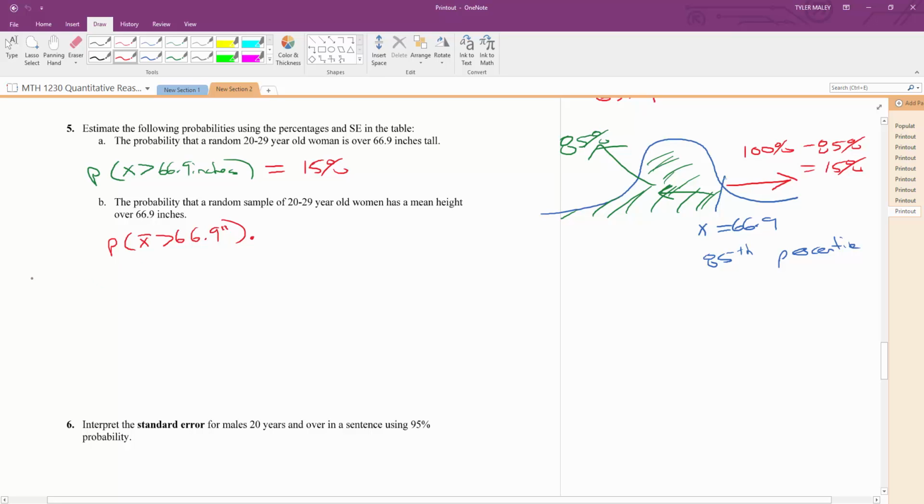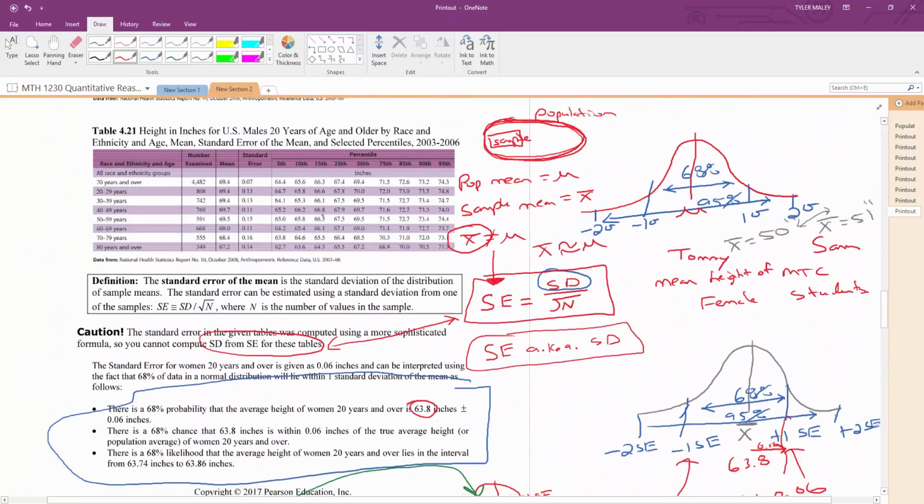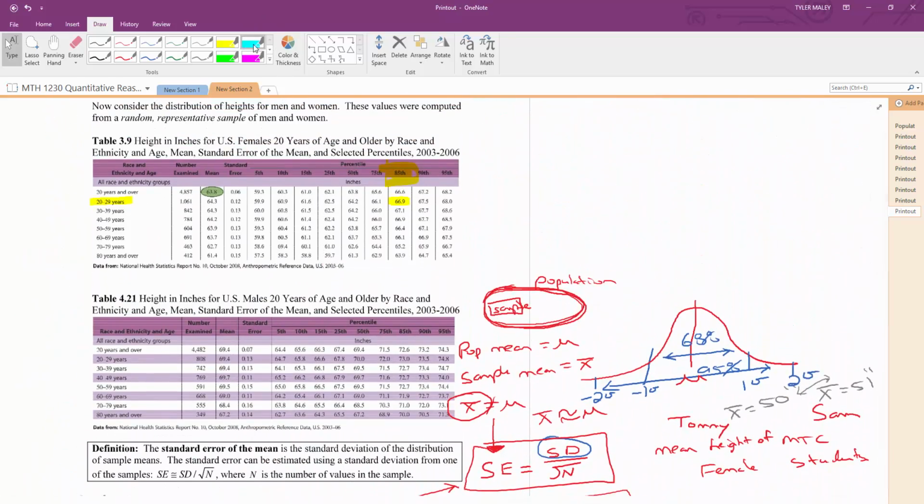Here we don't want to just look at the percentiles in the chart. We need to use standard error. So let's look above, 20 to 29. Let's grab some information that we need. So I'll highlight this in blue. So we're still looking here, 20 to 29 years old.